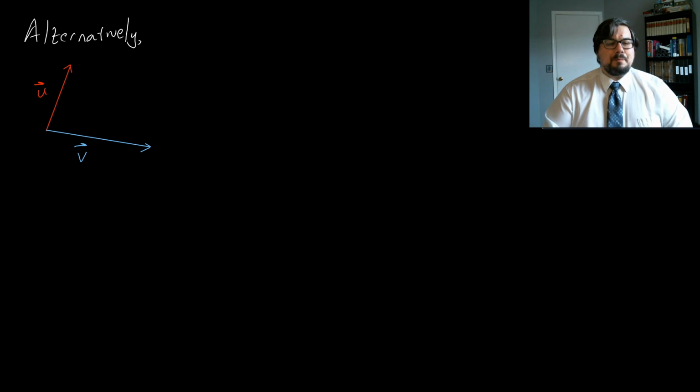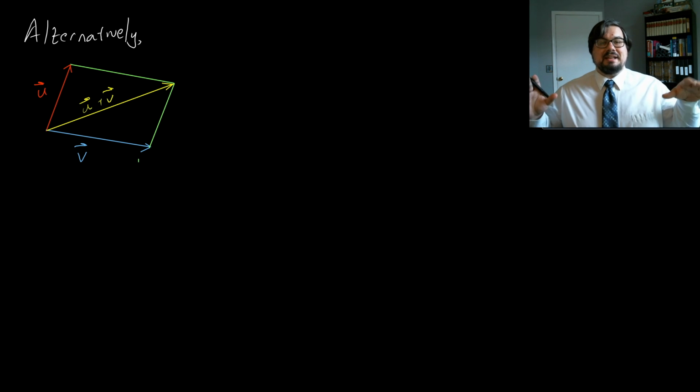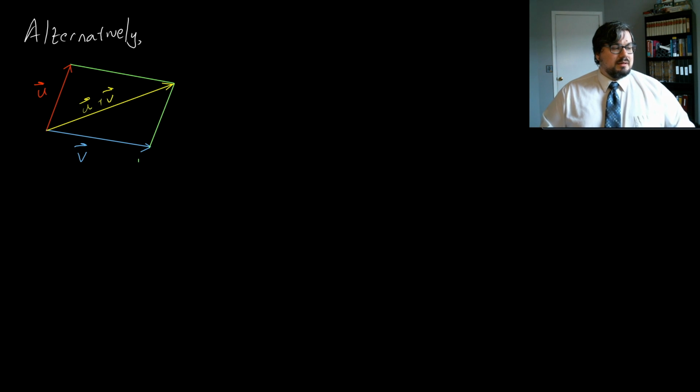What we can do is form the parallelogram that these two vectors form the sides of, which looks about like that. And if we do that, then the vector from one corner to the other, the corner that u and v start at, to the opposite corner, is also u plus v. That's another way of thinking about it that makes a little bit more intuitive sense when you think about u and v as two different vectors operating on the same object at the same time. So this is how we can add vectors together, again, intuitively.